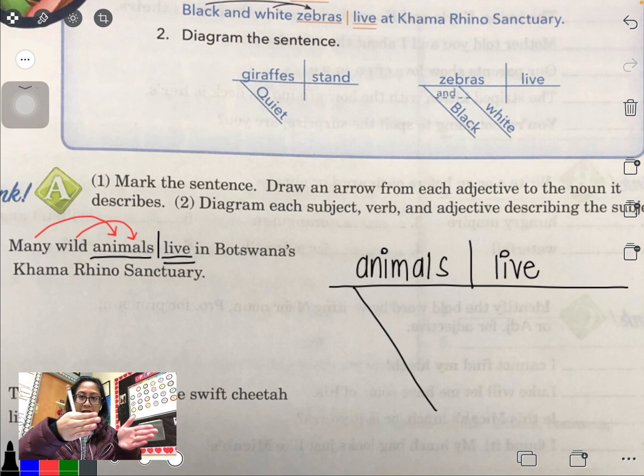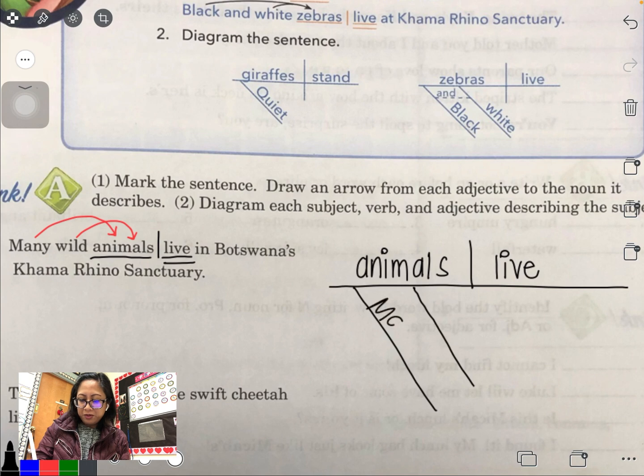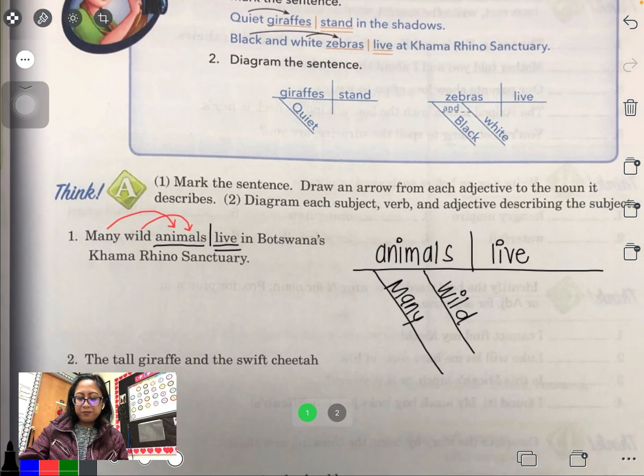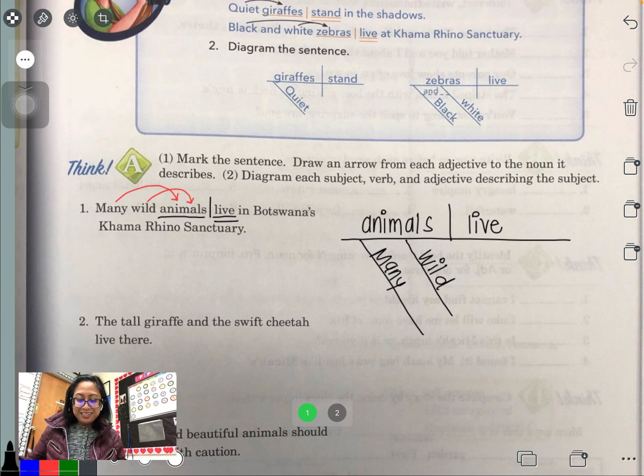Some of them are diagonal, some of them are straight. Here, for adjectives, we have them diagonally. So we're going to have two parking lots, one for many and one for wild, and that's where you put the adjectives underneath the subject. And that's it.